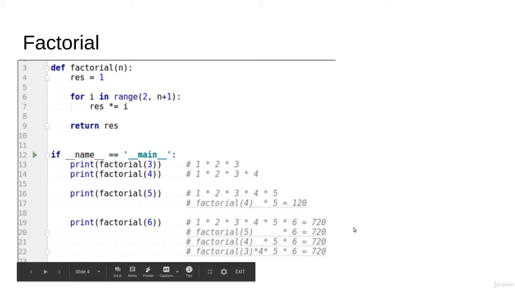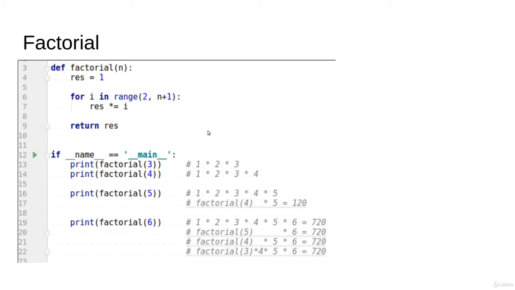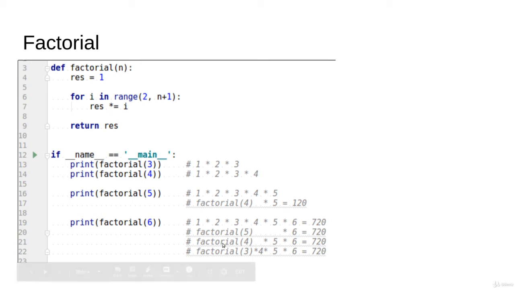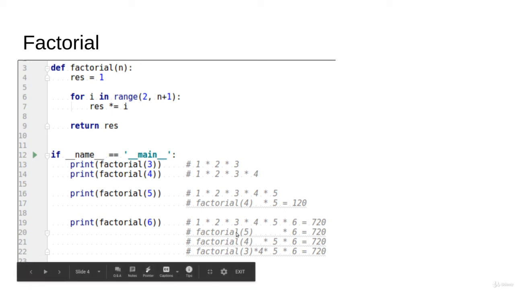With this logic, it seems there is a clear relationship between factorial 6 and factorial 5. First of all, both of them are the factorial problem. Factorial 6 is a problem, but you can think of factorial 5 as a sub-problem that is now one step less hard. So if you have factorial 5, you can multiply it by 6 to get factorial 6. If you have factorial 4 and multiply it by 5, you get factorial 5.